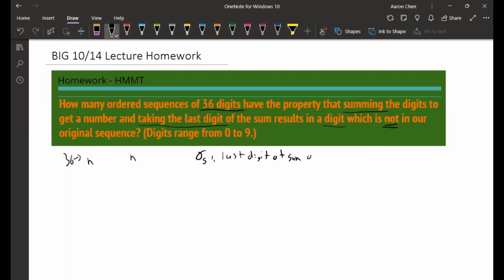So we're just going to be using a bunch of notation here. Let D be the set of all possible sequences of n digits.